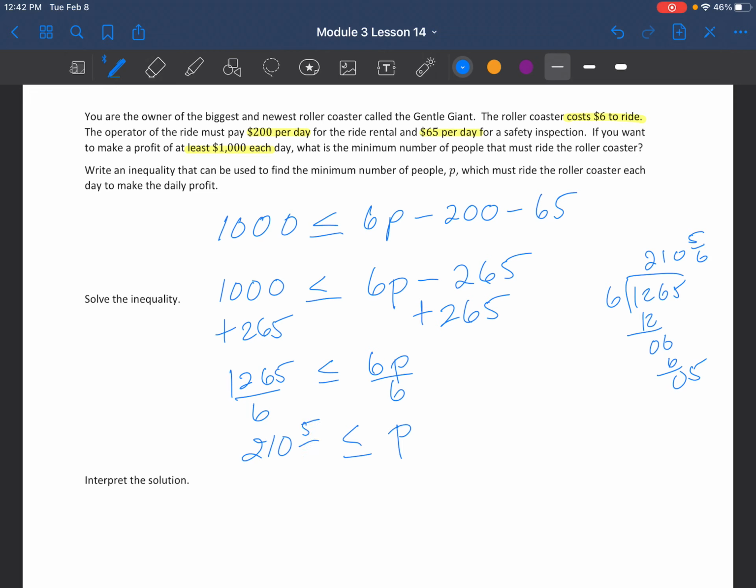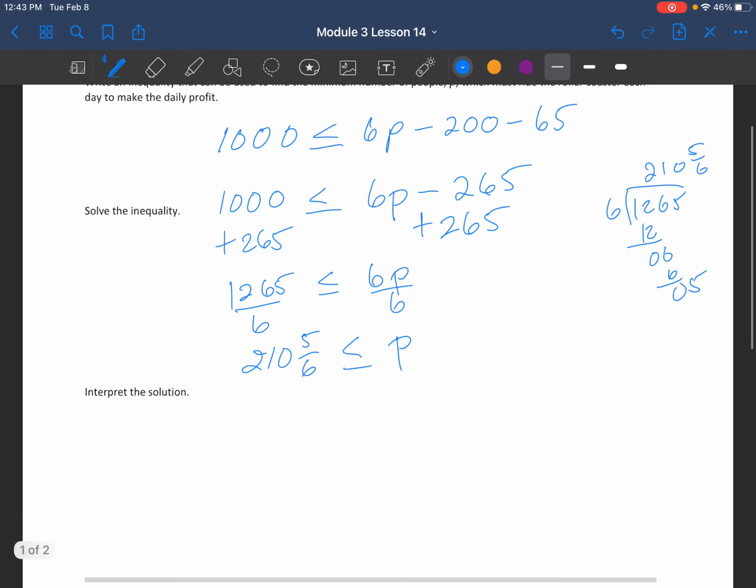Then we got 5, and we can't make any more, so we end up with 5 left over. So 210 and 5/6, or you could make it a decimal if you wanted to also.